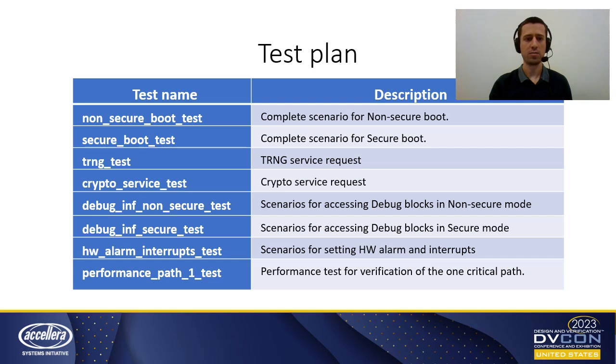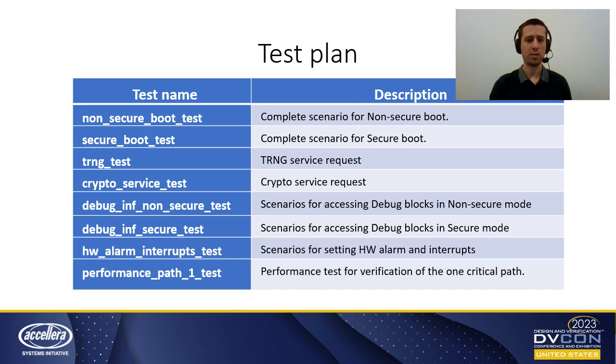The next two tests are related to service requests. The first is the TRNG test, which is less complex and is followed by the crypto service test, which adds more complexity to these requests. The next two tests are related to the debug interface, which is a very important block.